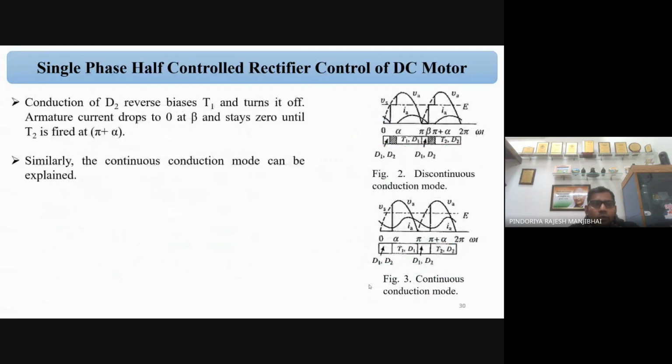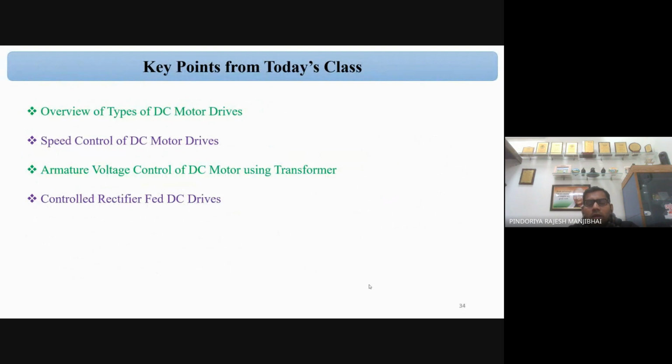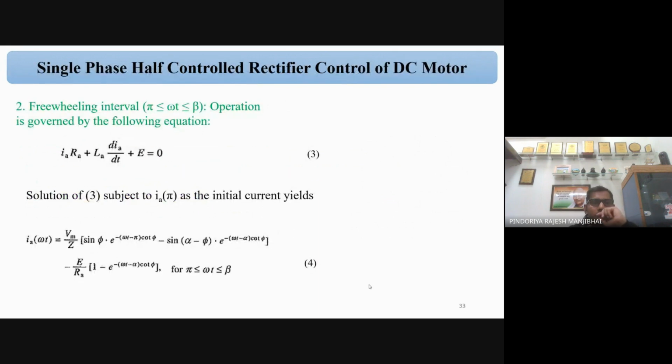So we will continue from the next class with the single phase half controlled rectifier feeding the DC motor drives.